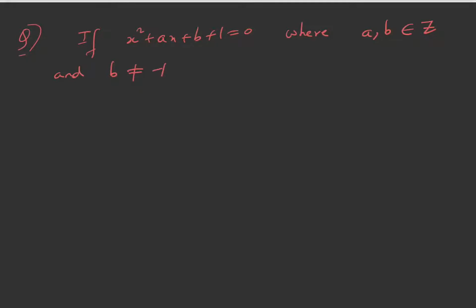Fine. So yes, let us do one more problem. Say if x square plus ax plus b plus 1 is equal to 0, where a, b are integers and b is not equal to minus 1, has a root in integers, then prove that a square plus b square is a composite number.